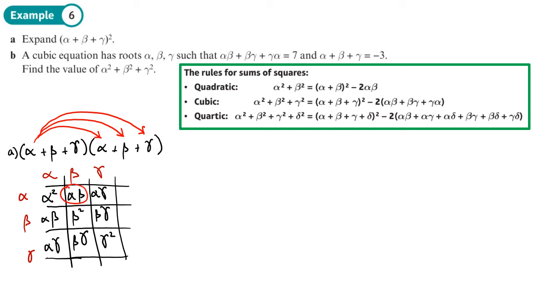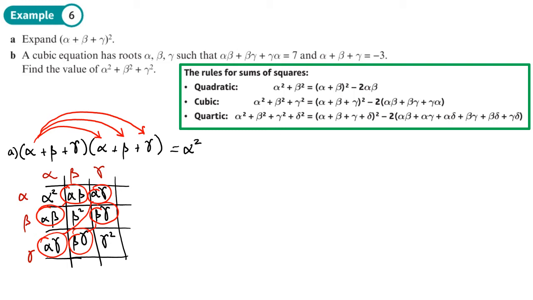Then we can see that these go together. Those two are going to go together, and these two are going to go together. So that might actually be a little bit easier in terms of multiplying out. So that's going to give us, let's write all the squareds out first.